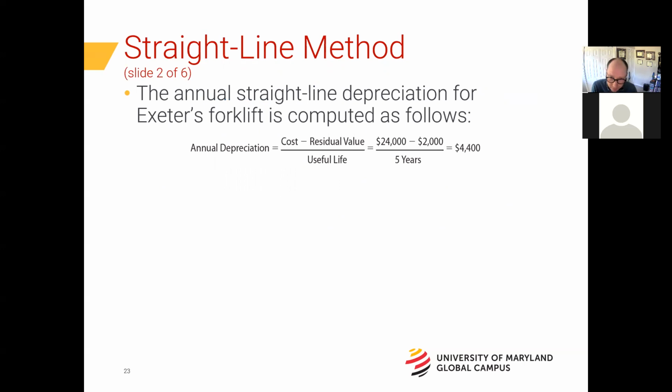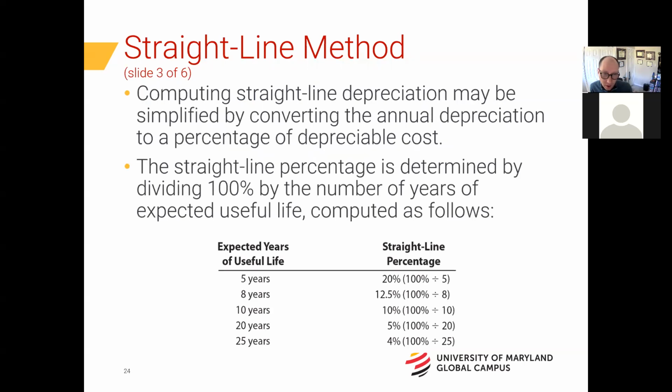So 24,000 minus 2,000 is 22,000. So 22,000 divided by 5 years of useful life equals 4,400. This tells me I will deduct 4,400 from the value of my forklift for a period of 5 years until it reaches a value of 0.